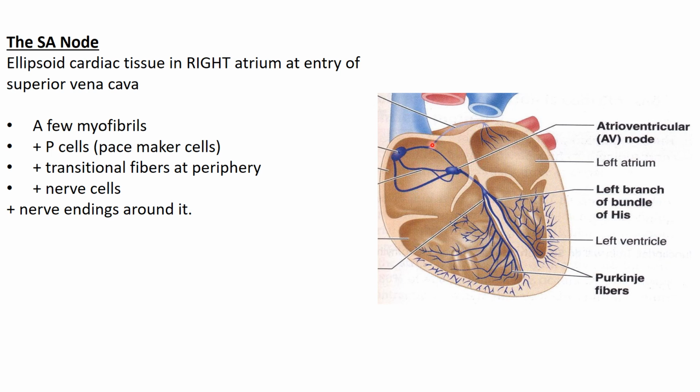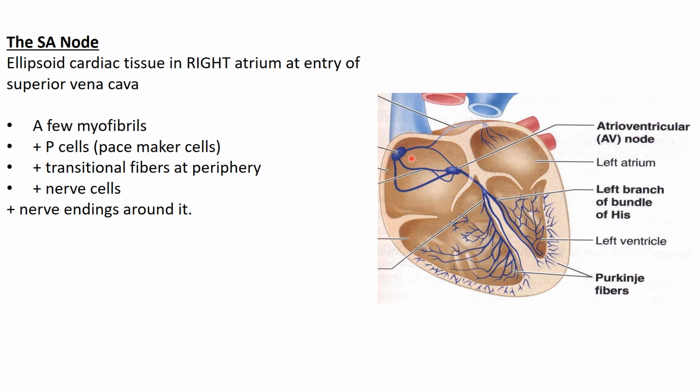You see, one fiber is going from the right atrium into the left atrium. This is called intraatrial conducting tissue.